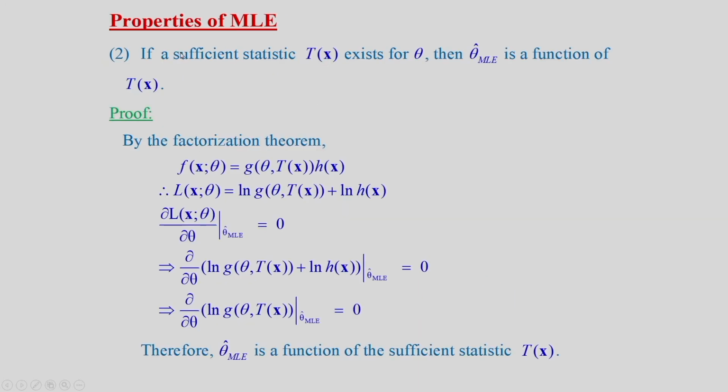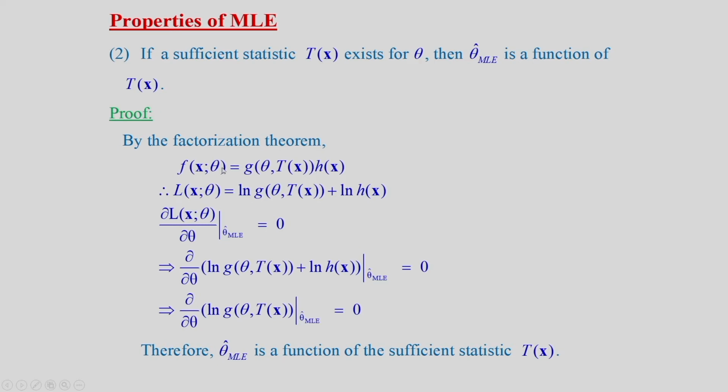Next, one important property: if a sufficient statistic T(x) exists for theta, then theta hat MLE is a function of T(x). So if we know that a sufficient statistic T(x) is there, then theta hat MLE must be a function of T(x). This proof is also easy. By the factorization theorem, the likelihood function is the product of g of theta, T(x), into h(x).